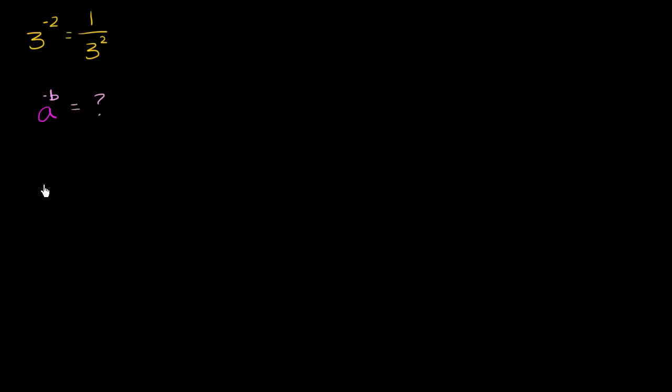So just to be clear, we want to maintain this property that a to the b power times a to the negative b power should be equal to a to the b plus negative b power, which of course is going to be equal to a to the 0th power. And as long as a does not equal 0, this should be equal to 1.